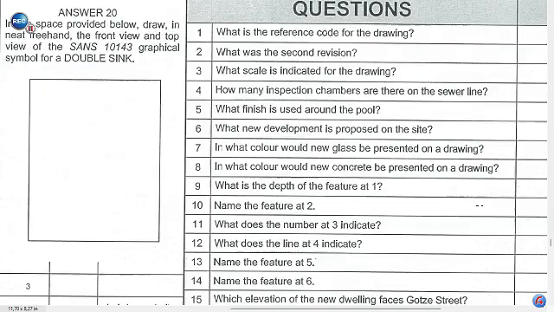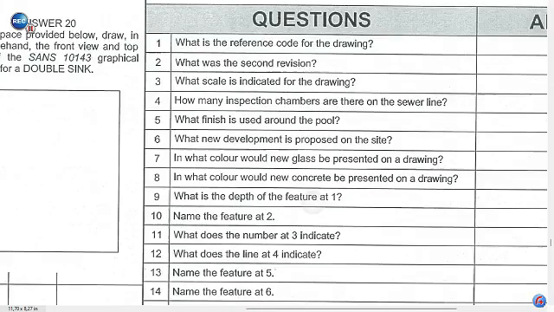If you go to number 3, what scale is indicated for the drawing? Scroll down to our title panel and we find that the scale that's needed is going to be found right here, 1:300. If we go to number 4, how many inspection chambers are there on the sewer line?